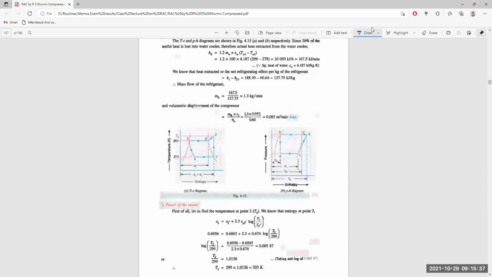This point 1 is on the saturated vapor line. After the compression is finished, it reaches point 2, which is in the superheated region.